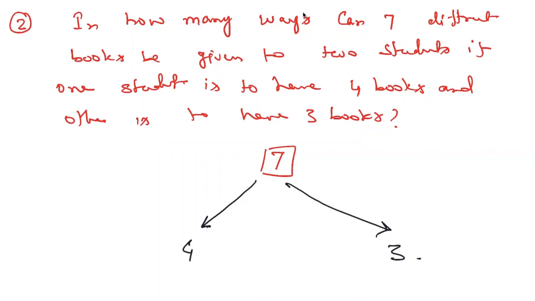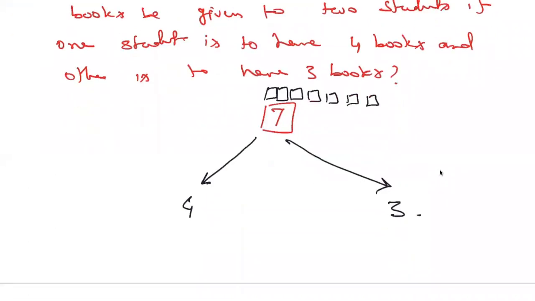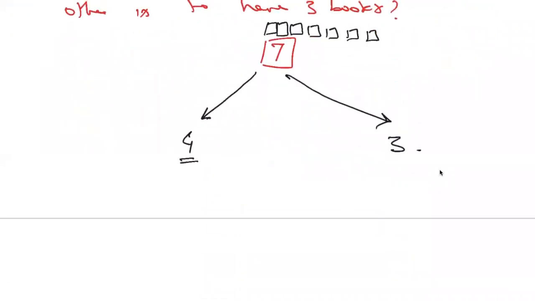So these are the 7 books, right? For the first student, you have to select 4 books, and for the second, you have to select 3 books. So if I'm selecting 4 books for the first one, the remaining 3 go to the second only, right?